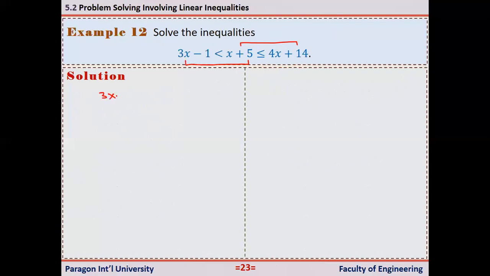That is 3x minus 1 less than x plus 5, and here we have x plus 5 less than or equal to 4x plus 14. So we have to solve these inequalities, and these two forms are equivalent. This is how we are transforming these inequalities into this form. And now we know how to solve these inequalities. First, if you solve the first one, take x to the left-hand side. That is 3x minus 1.